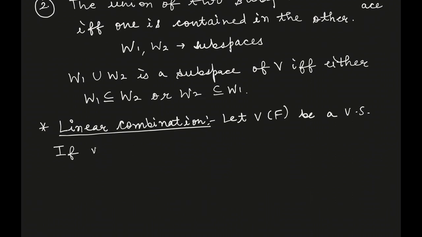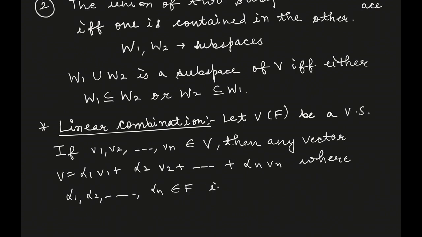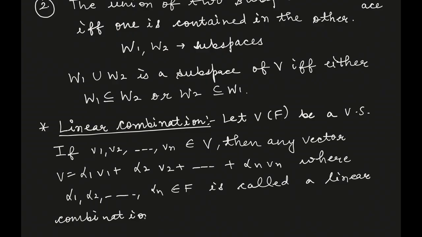If V1, V2, so on till Vn are vectors in this vector space V, then any vector V equal to alpha 1 V1 plus alpha 2 V2, so on till alpha n Vn, where scalars belong to field F, is called a linear combination of the vectors V1, V2, so on till Vn.